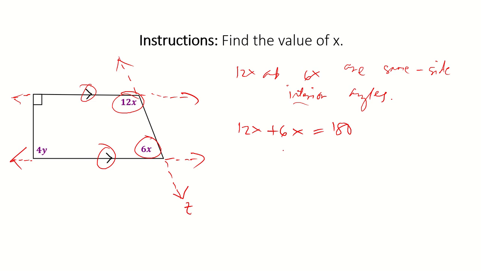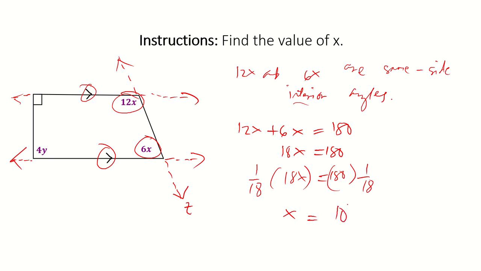So 12x plus 6x, that's 18x. And you divide both sides by 18, so you will get x is equal to 10.